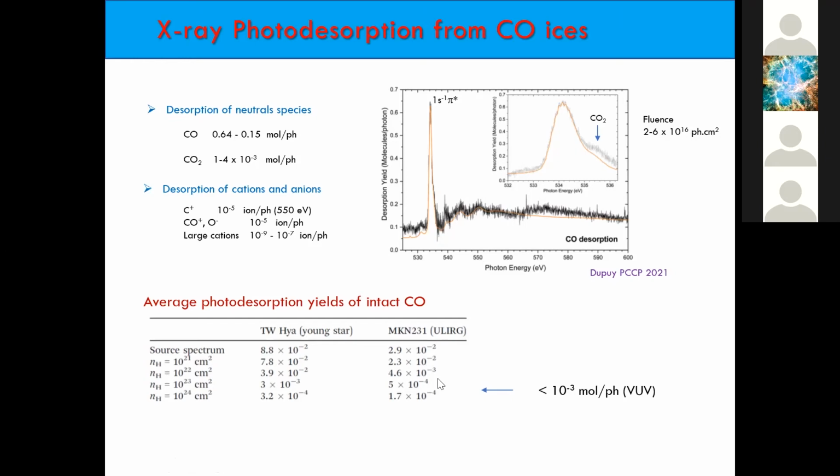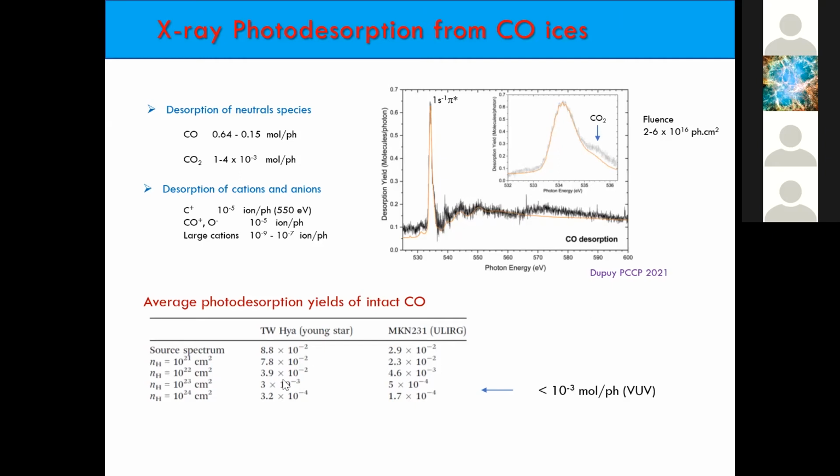If we look at the distant part, so below here, because we expect that CO will be present on the top of the ice at the lowest temperature, that means at the highest densities, we are in fact with desorption yields that are in the range of 10⁻⁴ molecule per photon.